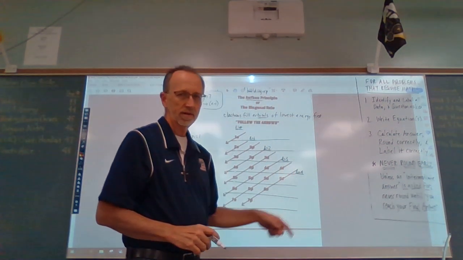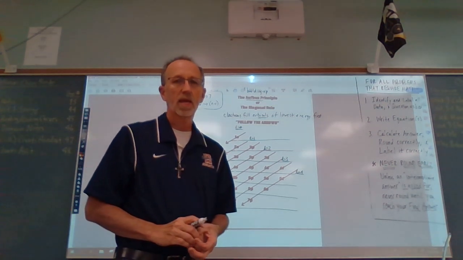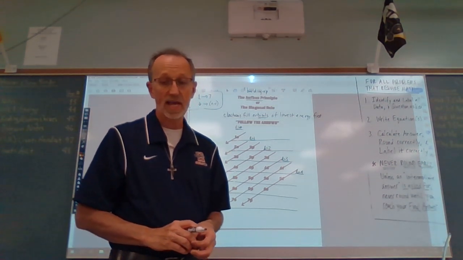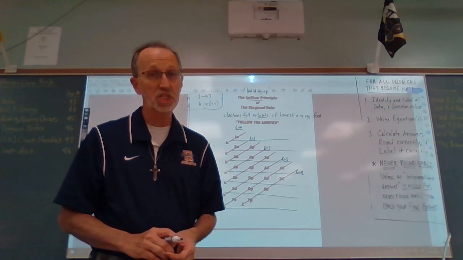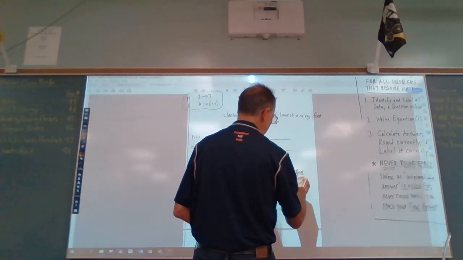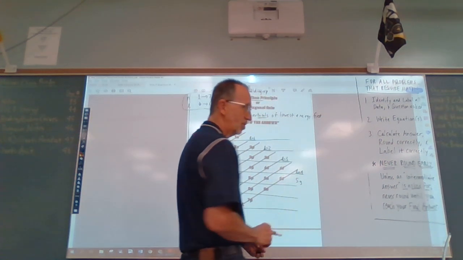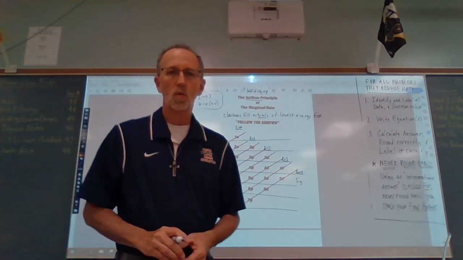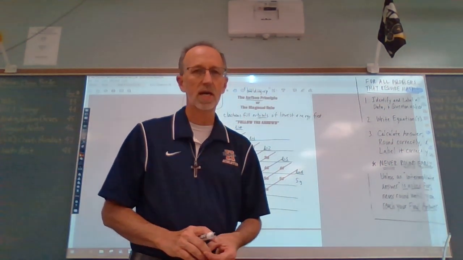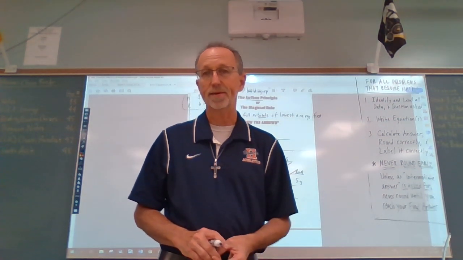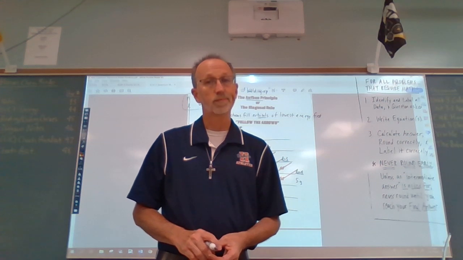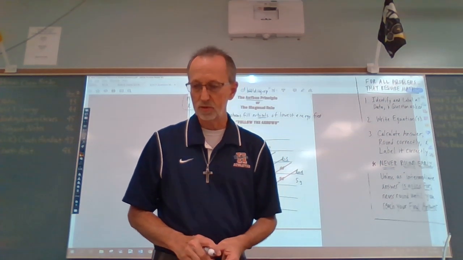We don't have it listed there, but it's there, and it actually has a name. It's called the 5g orbital. Why isn't it listed there? Because we don't have elements with large enough atomic numbers to put any electrons in there. When we do, we'll use it.